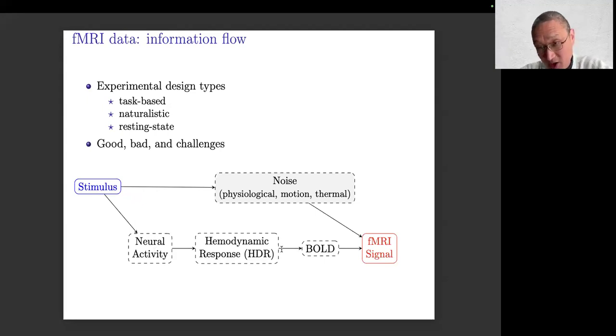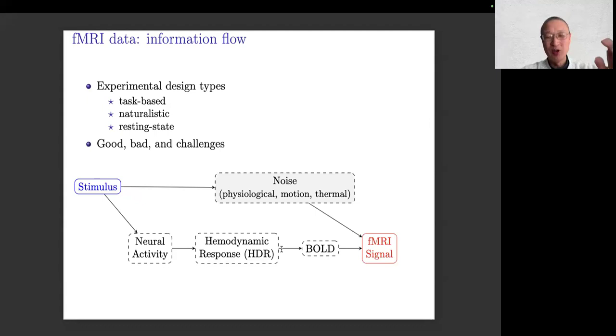What is the hemodynamic response? That's the physiological part, right? The neural activity triggers the blood flow, and triggers changes in the oxygen content in the blood. And that is a complex process, depending on how we characterize it. It can be how fast or slow the blood flows, and how much oxygen is in the blood, right?